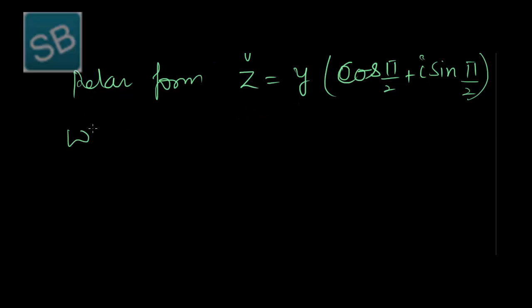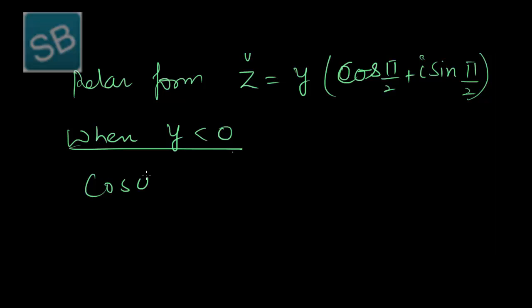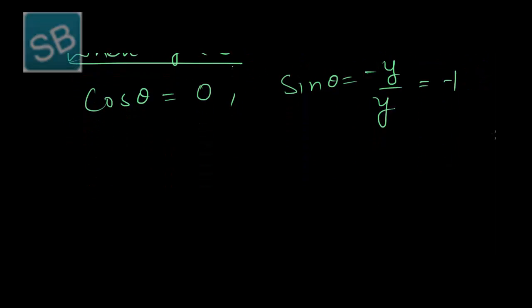What happens when y is less than 0? So in this case, cos theta is already 0. Sin theta becomes minus y over y, that is minus 1. As sin is negative and cos is positive, theta lies in second quadrant.